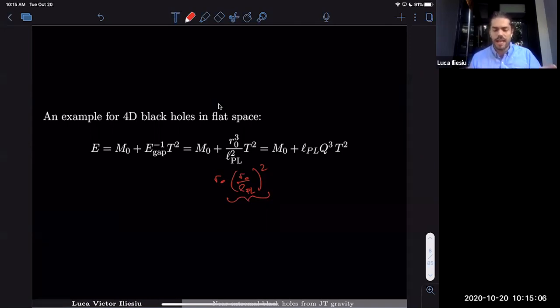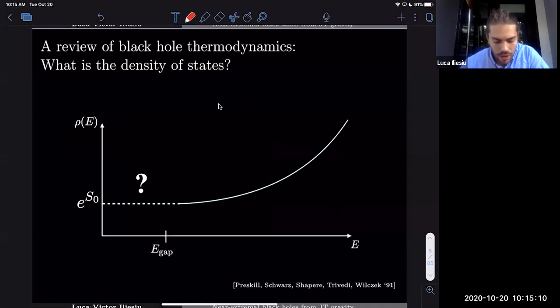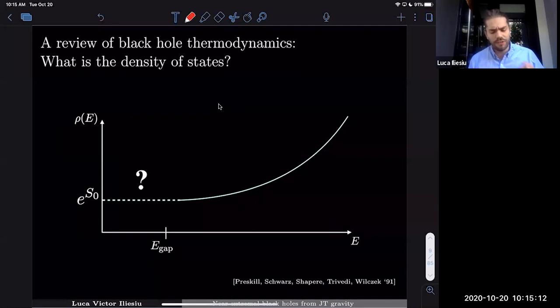So the question is, what's happening? How is this thermodynamic puzzle resolved? So just to rephrase the thermodynamic puzzle, what we're actually interested in is how the density of states behaves at small energies, because that will obviously give the low temperature behavior of E as a function of tau.